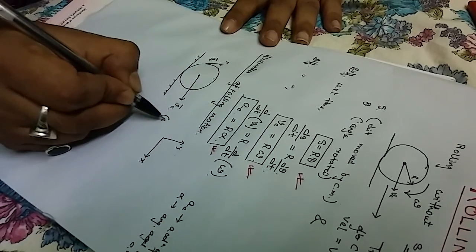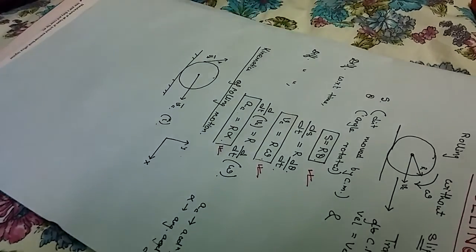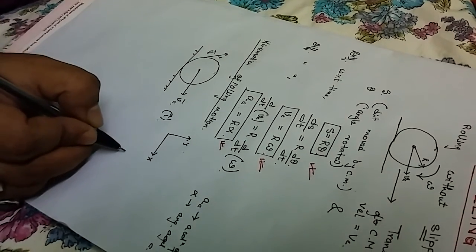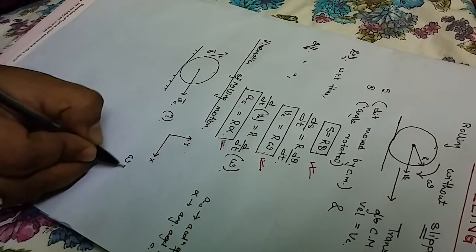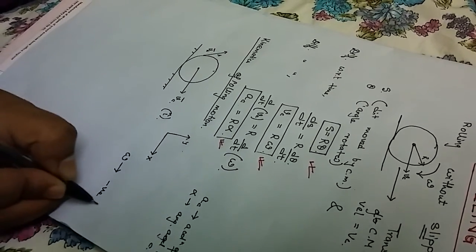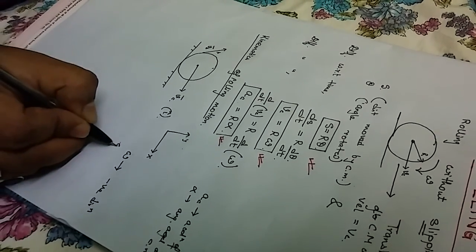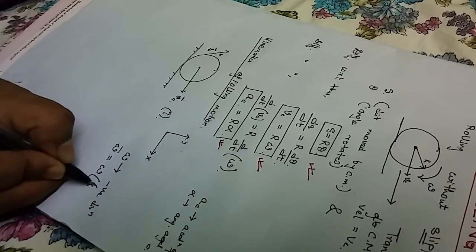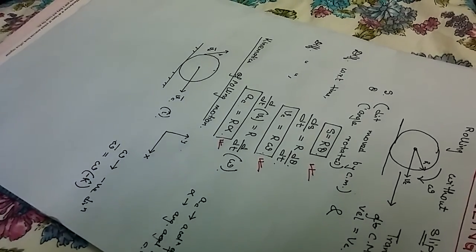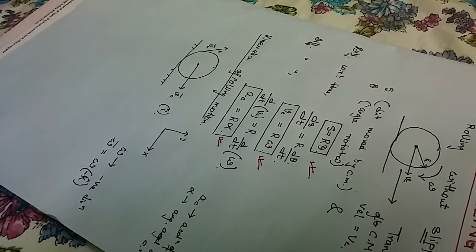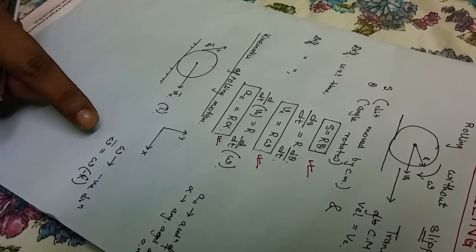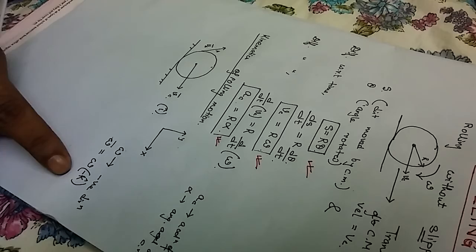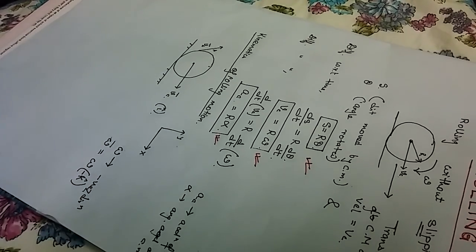VC has the vector i cap with it. For all practical purposes in this motion, we will consider omega to be in the negative z direction. So omega is a vector, denoted as omega times minus k. Again I am repeating that we are giving a vector treatment of omega.